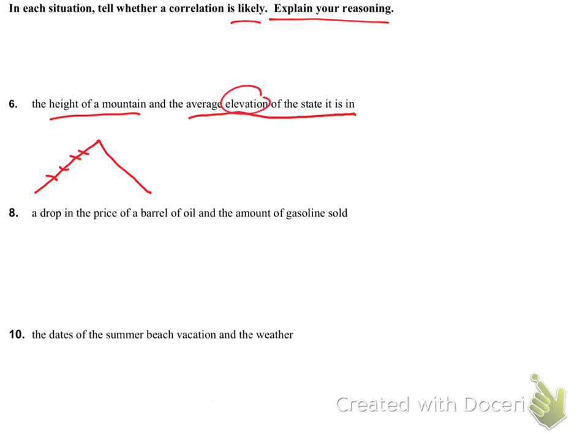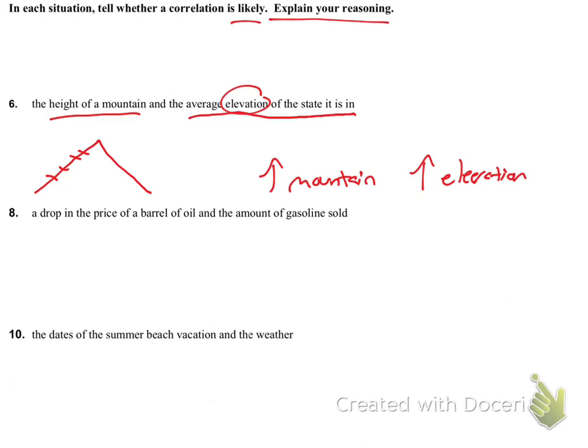So we would write something along the lines of, as you increase the height of the mountain, you increase the height of the elevation. Or you could say something along the lines of the height of the mountain increases and decreases with the average elevation.